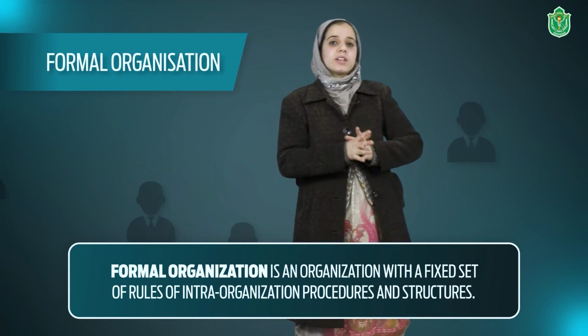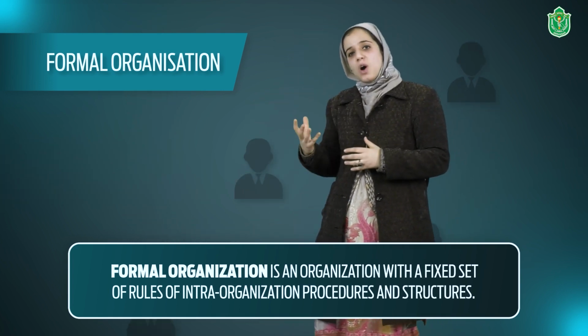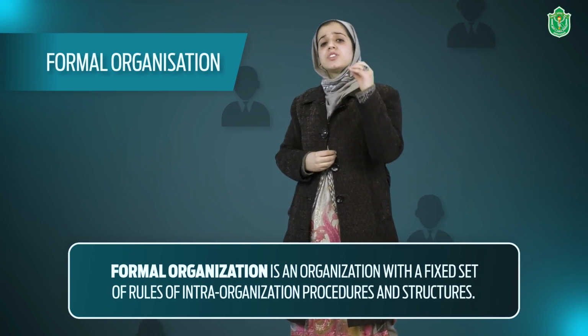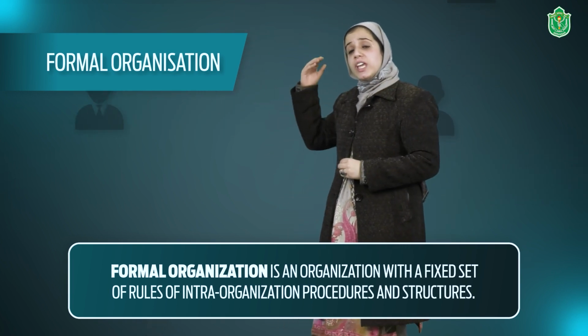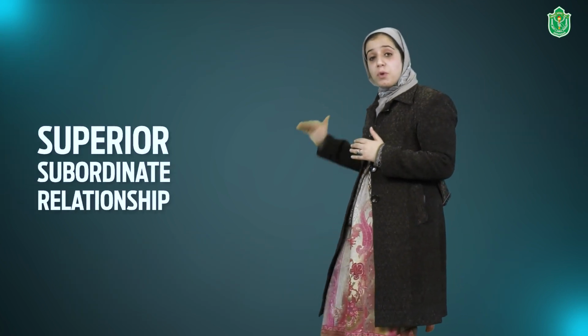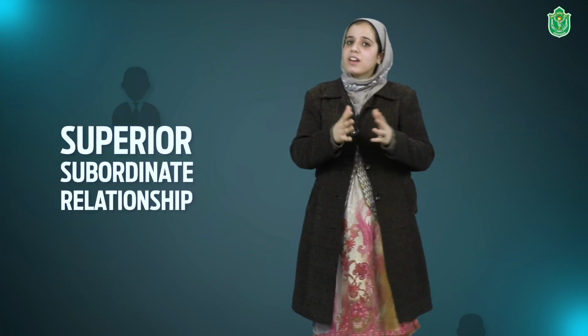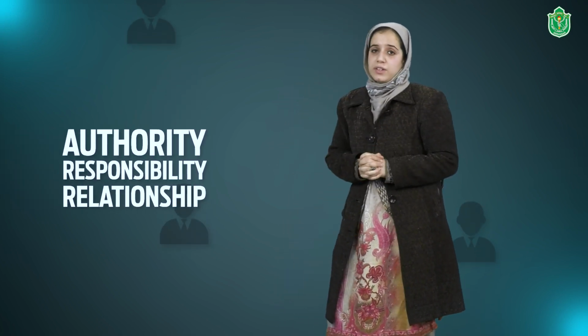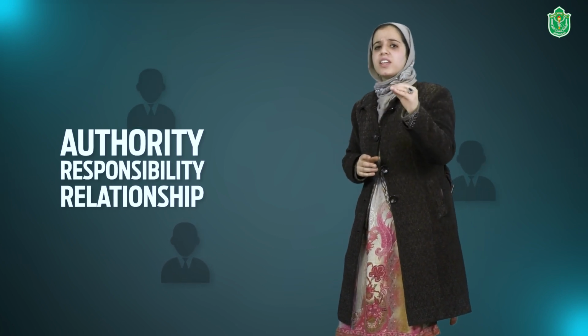Because this formal organization spells out the job assigned to each individual. It clearly gives the superior subordinate relationship. It clearly shows the authority responsibility relationship. And it clearly shows the position of every individual in the organization.